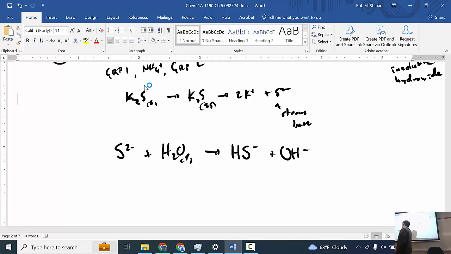So sulfide is actually a more powerful base than hydroxide. So in that sense, it's neutralizing, but in another sense, it's not neutral. It's still extremely basic, because there's hydroxide in there. And so this is base hydrolysis of water. Sulfides do this. If you have an insoluble sulfide, then it's going to be a lot less basic. Does that make sense? Because the sulfide's not free.